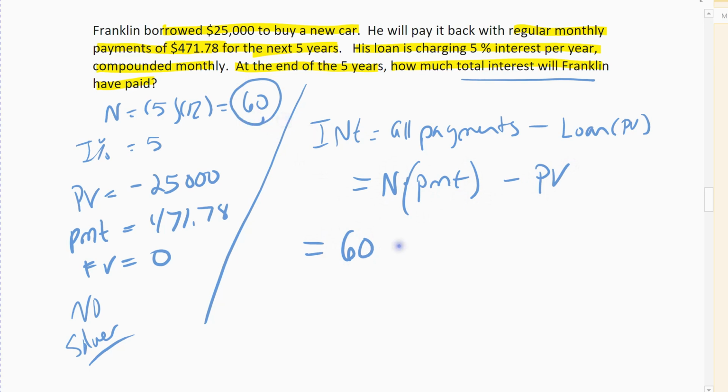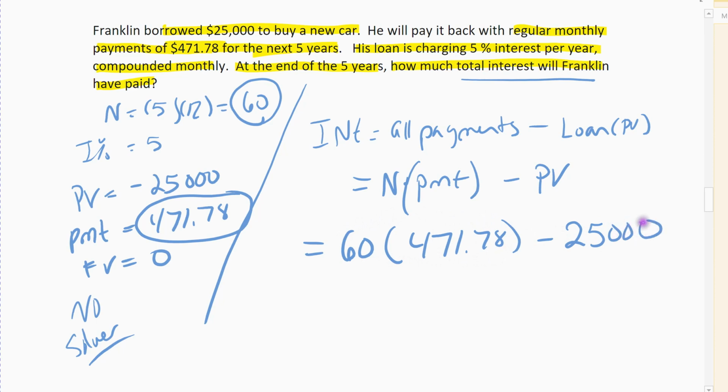That's what N is. 60 times, he's going to make a payment of $471.78. So that's all his payments. He borrowed $25,000, and the difference between how much he paid and how much he borrowed is the interest.